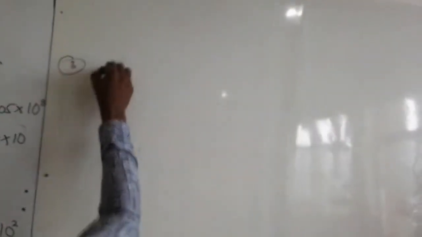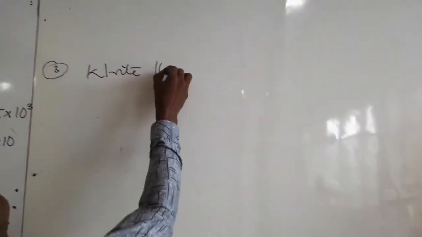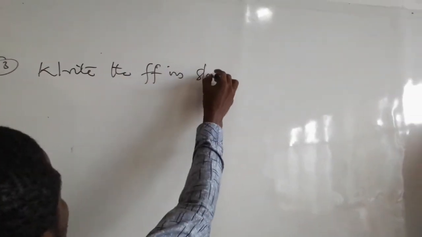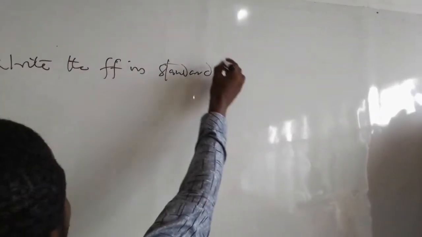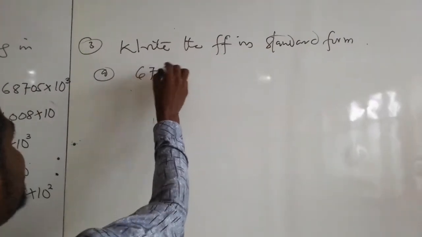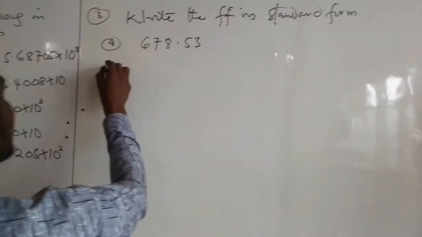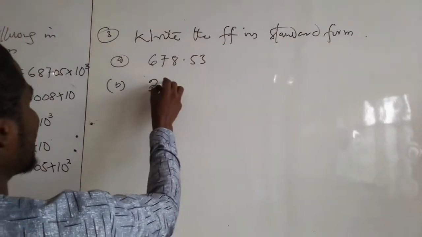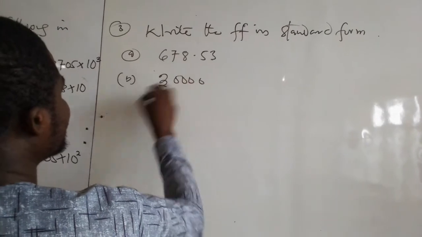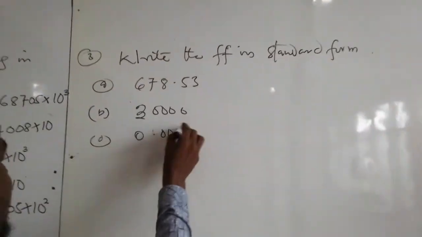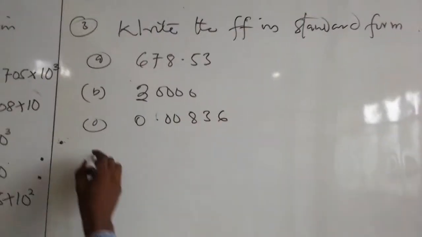Good. Now, I want you to try this example for me, okay? Write the following in standard form. So A, I have 678.53. B, I have 3,000. C, I have 0.00836.